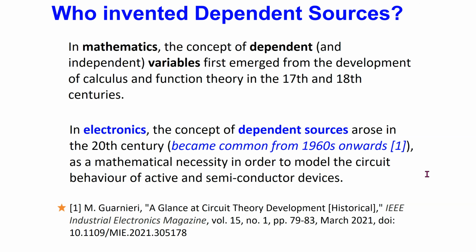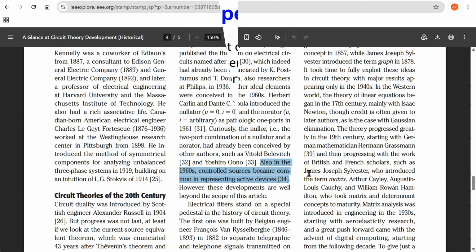In electronics, the concept of dependent sources arose in the 20th century as a natural mathematical necessity in order to model the circuit behavior of active and semiconductor devices. In fact, we can narrow down to the 1960s when use of dependent sources became common in circuit theory. Also, the models for the ideal circuit elements were established in the 1960s.